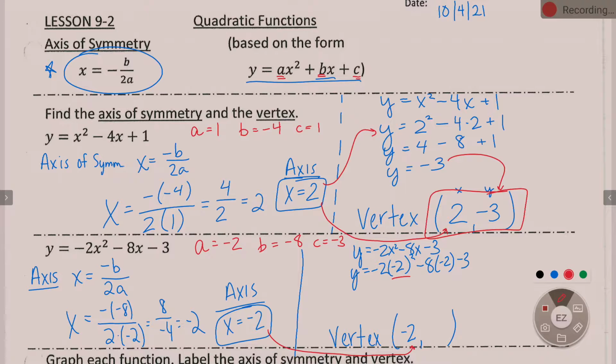What is negative 2 raised to the second? Almost. 4. Negative 2 times negative 2 is going to be 4. And then 4 times the other negative 2. Negative 8.